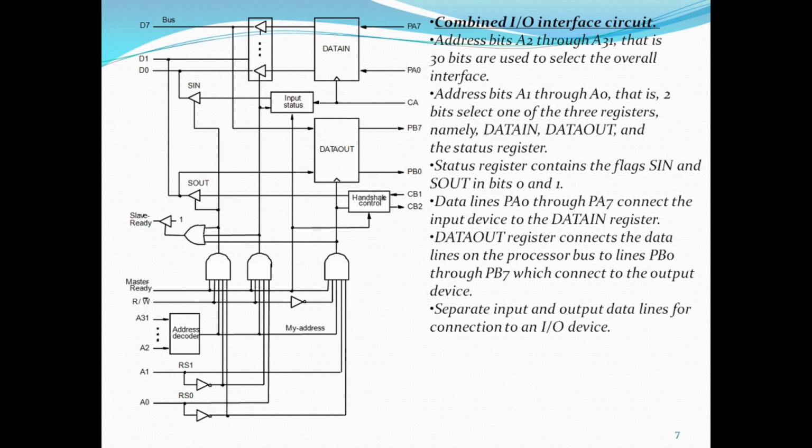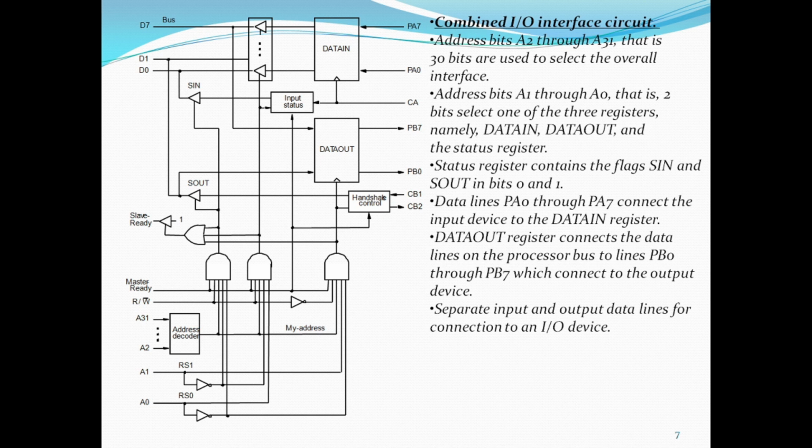Such locations in the I/O interface are often referred to as registers. So this type of locations, SIN and SOUT, are normally referred to as registers, right? We have used the labels RS1 and RS0, that is register select.